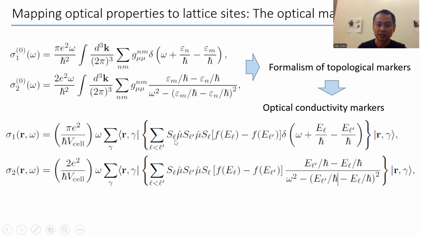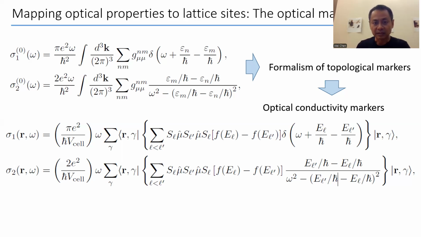And the calculation is given by this expression, which has the projectors to the individual lattice eigenstates, multiplied by the position operators depending on the polarization of the light. And also there's a Fermi function if you are at finite temperature. And once again, you see that this kernel of energy conservation also shows up, as it has to. And the real part also has a very similar kernel.